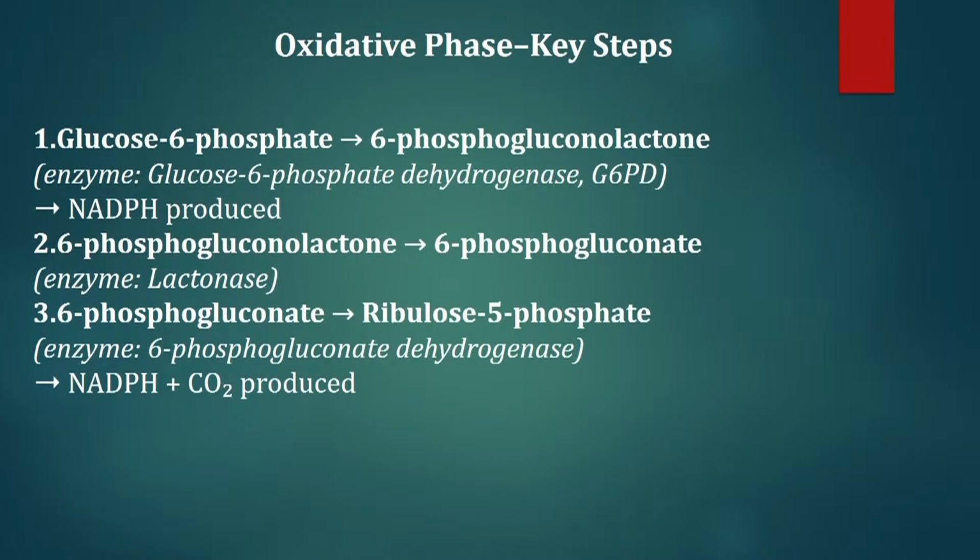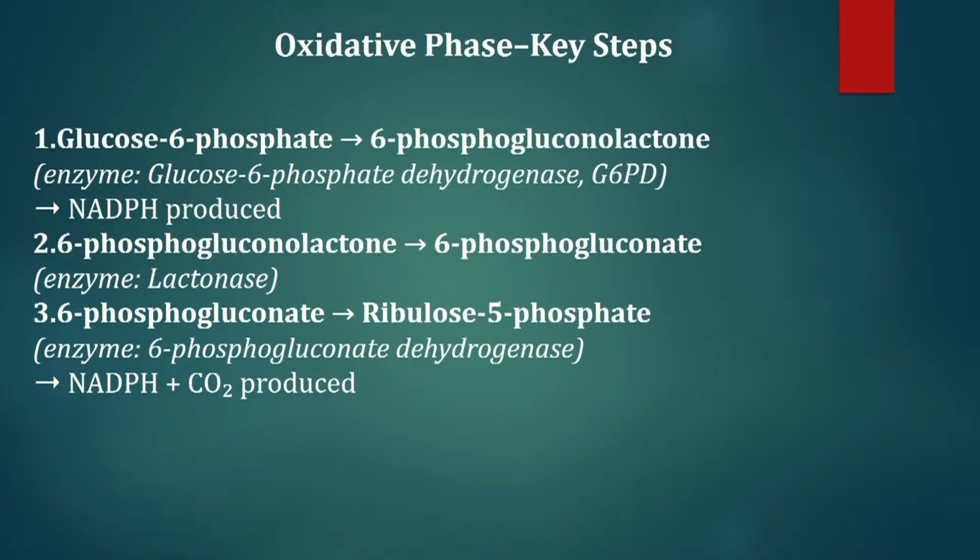The third step is the conversion of 6 phosphogluconate to ribulose 5 phosphate, and here the enzyme is 6 phosphogluconate dehydrogenase. In this step, there is also formation of an NADPH molecule, and a carbon dioxide molecule is produced.